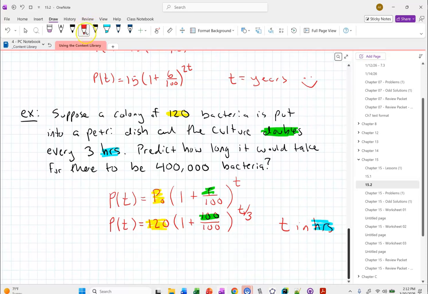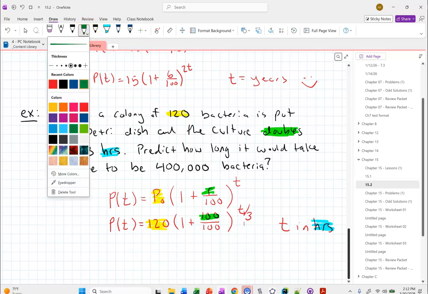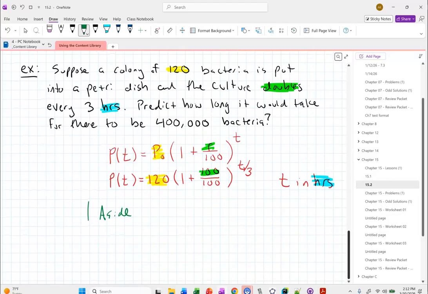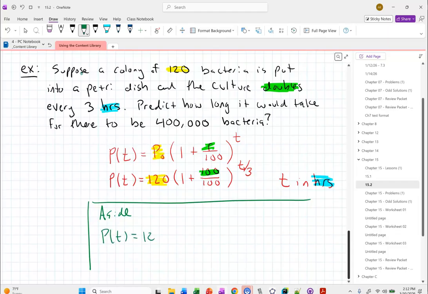Now, we could continue, but I'm going to take a little aside here. If instead we had chosen T to be in days, how many doublings are going to happen in 1 day? 8.